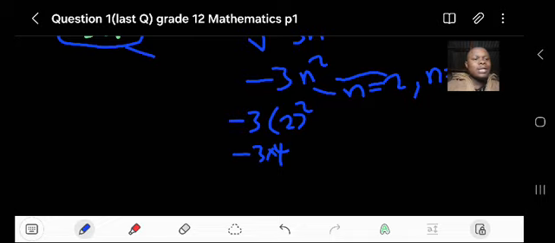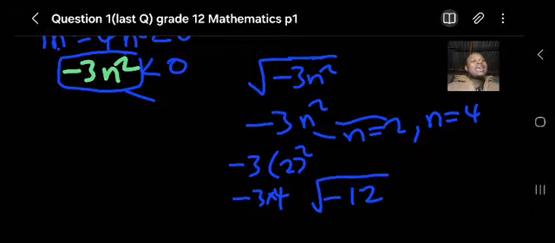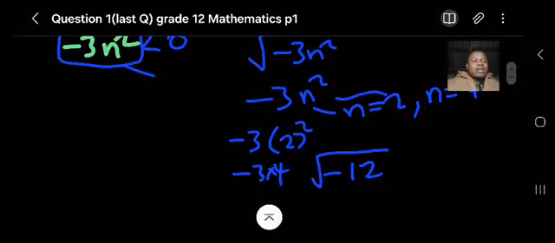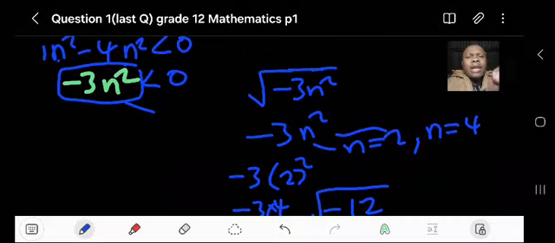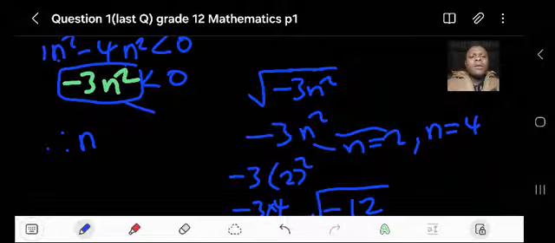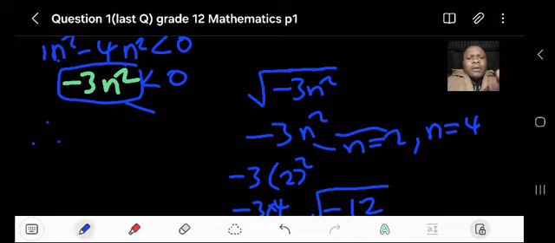We're still under the square root, so this will be imaginary. Even if I replace n with 4, or any value, it will be imaginary. So the final answer is that delta is less than 0.